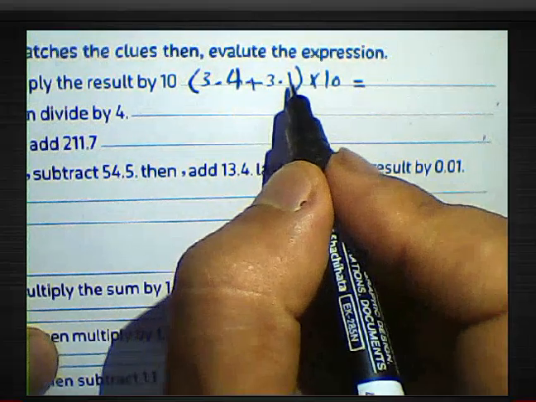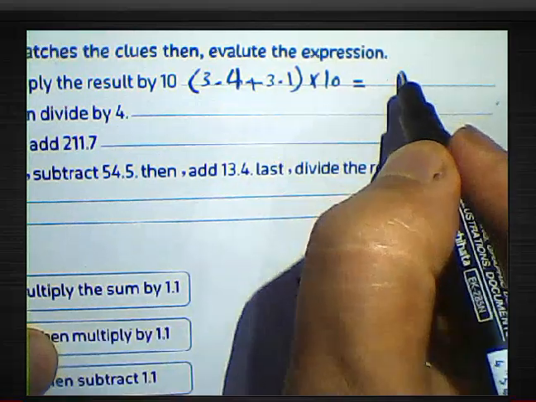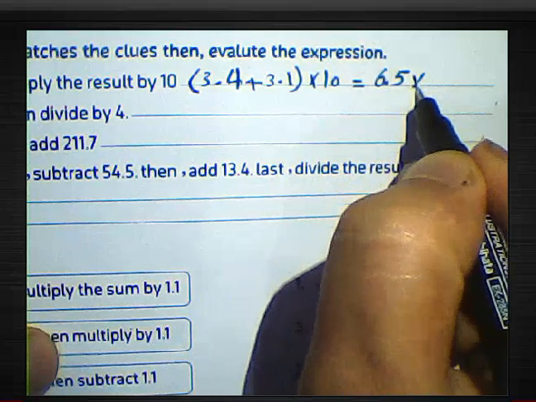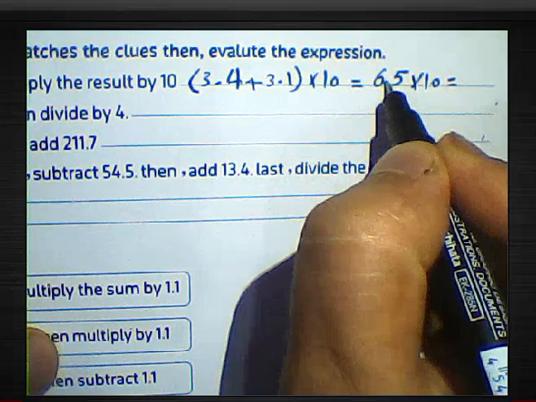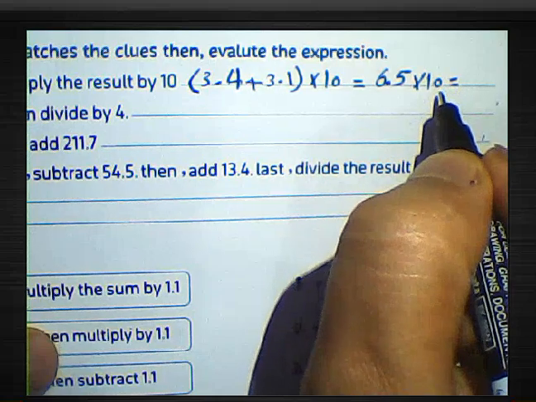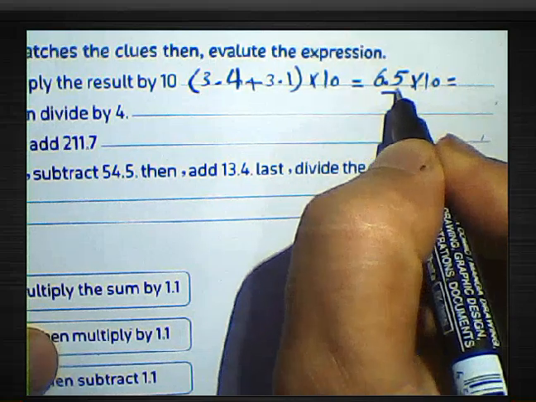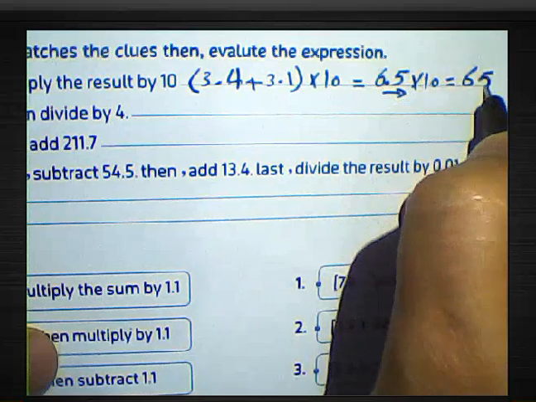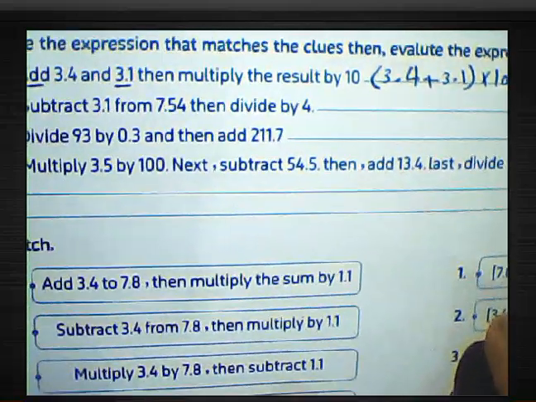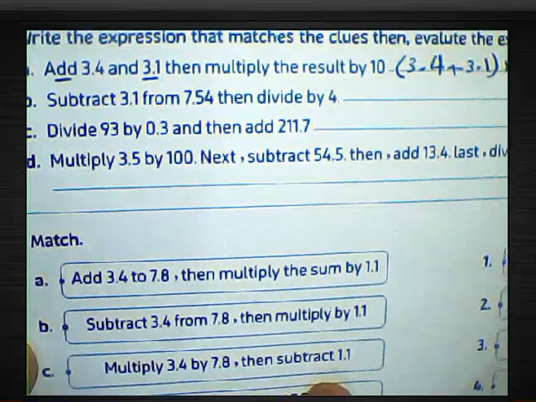Look here, 1 plus 4 equals 5, 3 plus 3 equals 6. 6.5 multiplied by 10. We must move the point from left-hand side to right-hand side by 1 digit, because 10 has 1 zero. So we must move the point here. The result will be 65. Okay. Okay. Letter B.